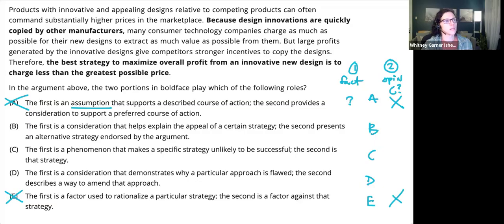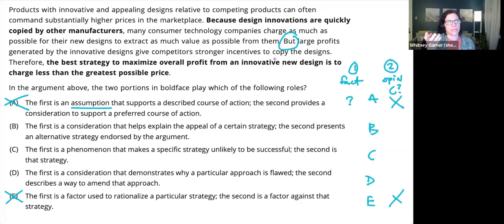So the first is that design innovations are quickly copied by other manufacturers. And so it sounds like what people do is they try to charge a whole bunch up front to make as much money as possible. However, right, we get this but. These large profits are actually what give people an incentive to copy the designs.